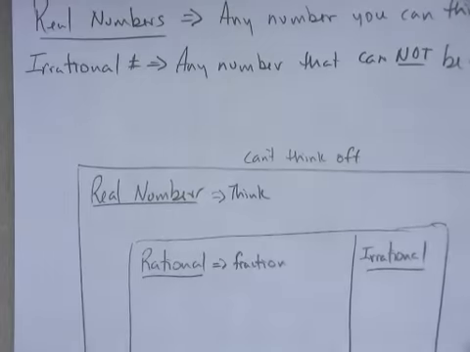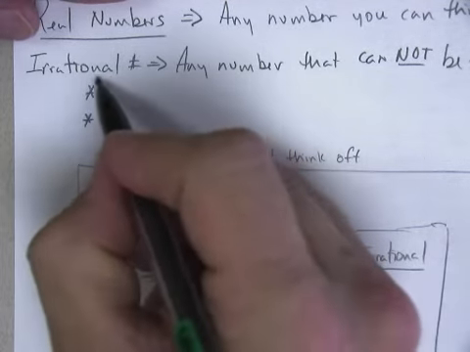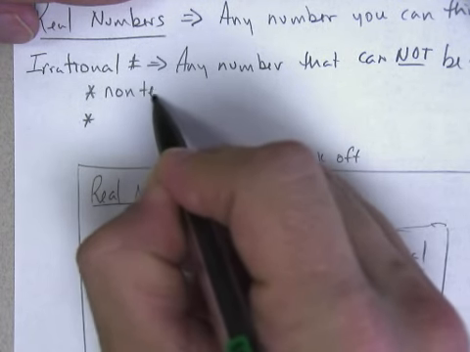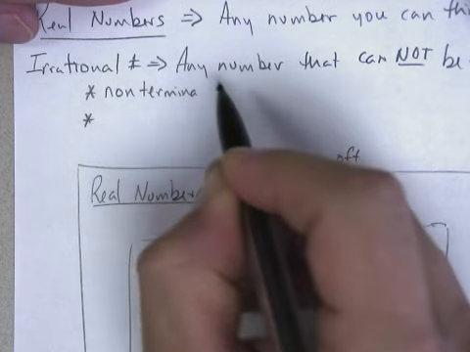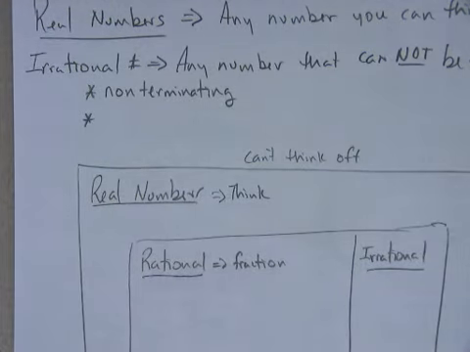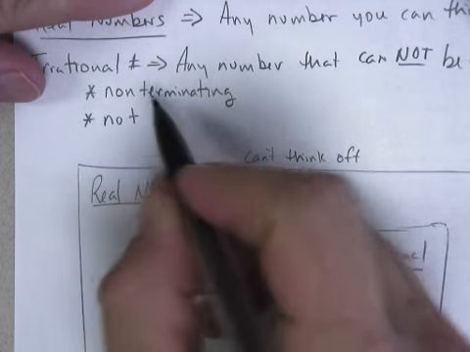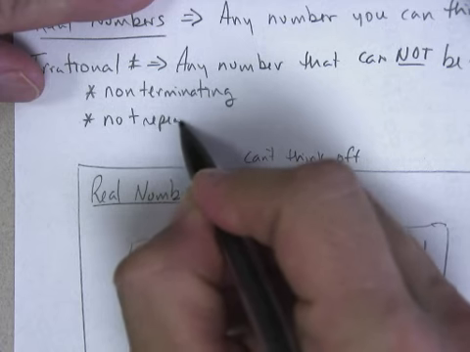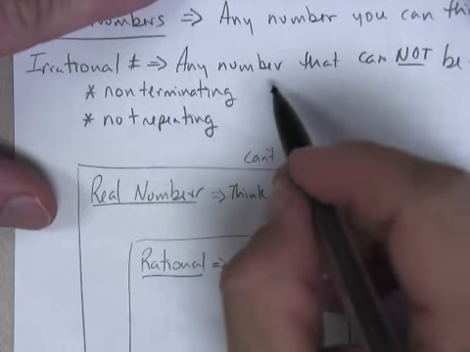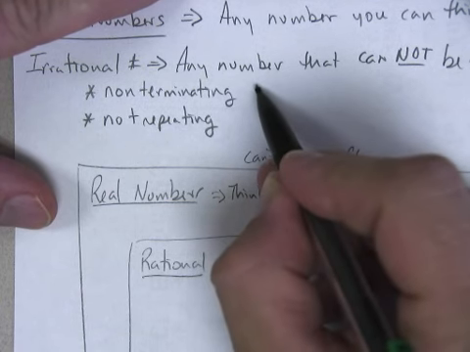All right, now there's two ways of recognizing these. So here are the two ways. Irrational numbers are considered non-terminating numbers, and I'll show you an example of that in just a bit, and non-repeating numbers. So for example, non-terminating means it never does end.